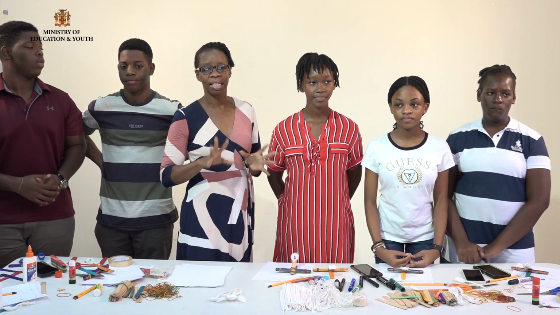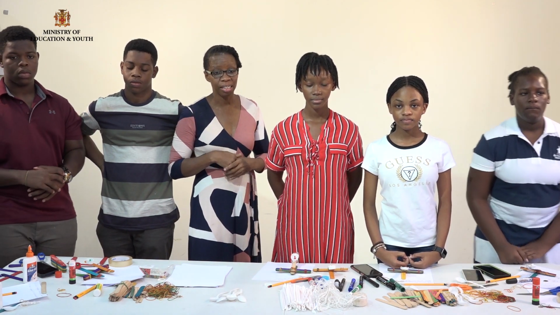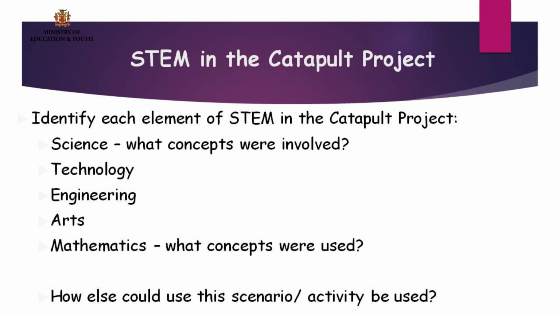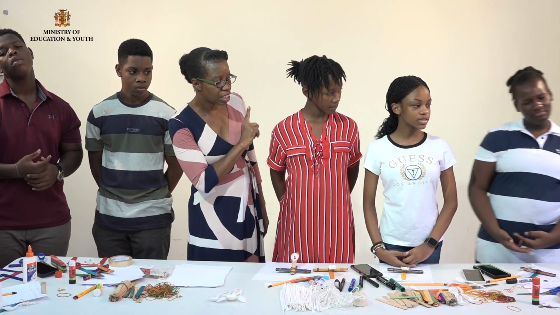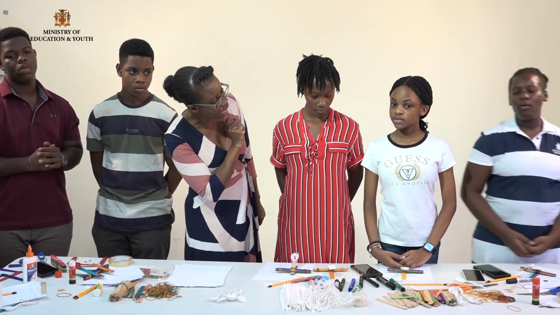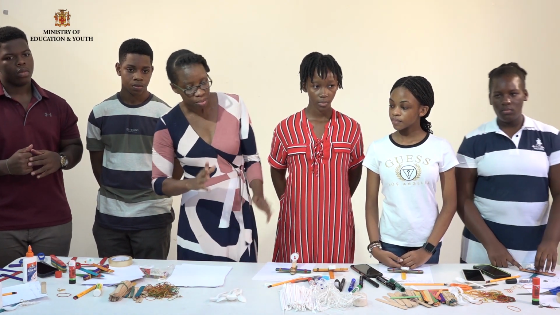So we want to look at the different aspects of the STEM approach. We had already mentioned that the S stands for science. So I want you to see if you can identify any particular science concept that we would have targeted in this activity.